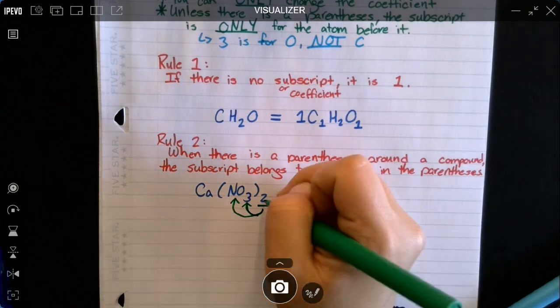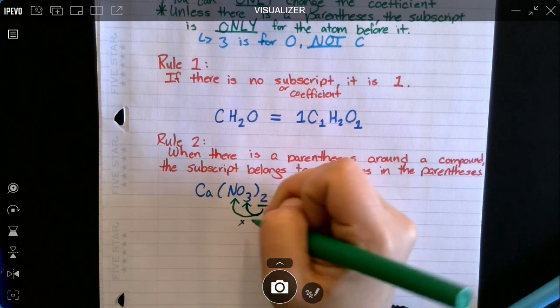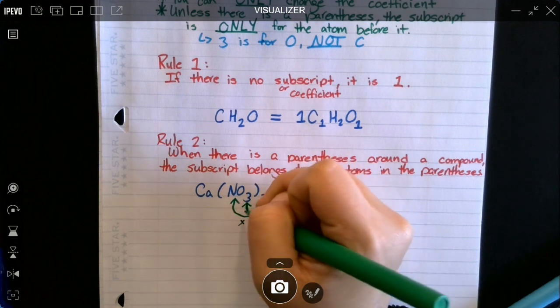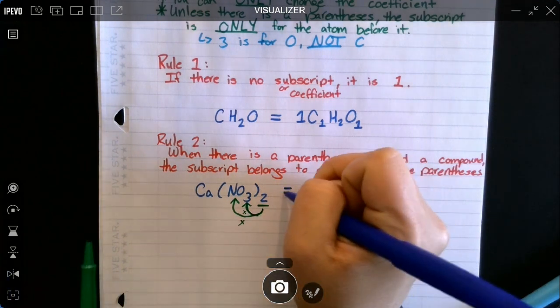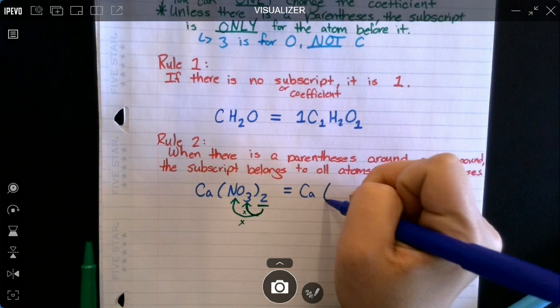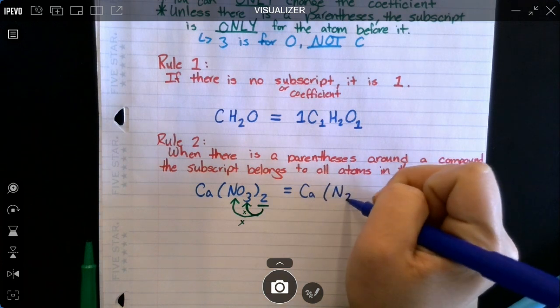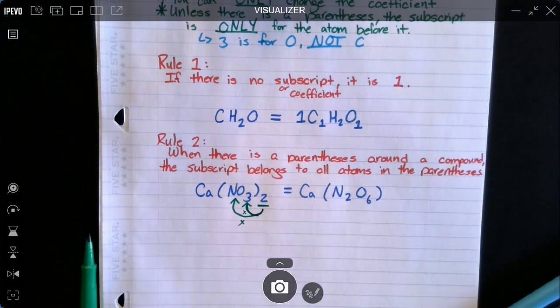So 2 times the 1 on the N and 2 times the 3 on the O. So this guy really means this. That 2 just gets distributed to everyone in the parentheses. And I actually do that first. No matter what I'm doing, I always do that first. If I see a parentheses, it's my first step, just like in math.